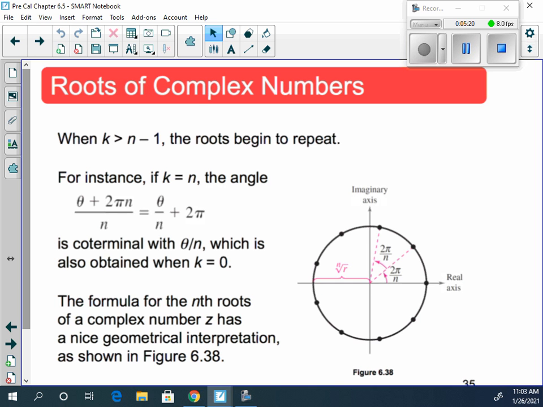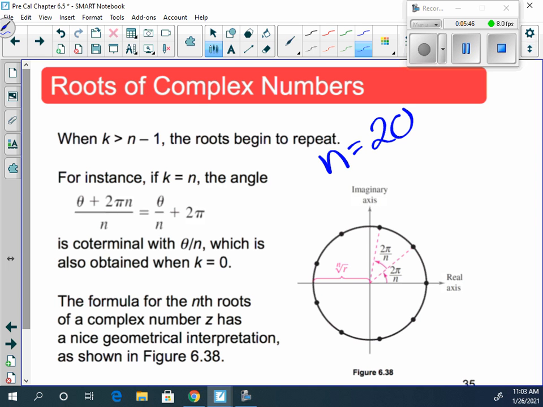Now for some, if n is equal to 2, it's not going to take that long because we only have 2 roots. So really we're talking about n minus 1. Well, 2 minus 1 is 1. So if we have a k value greater than 1, it's going to repeat. That's not going to take that long. How about n equals 20?